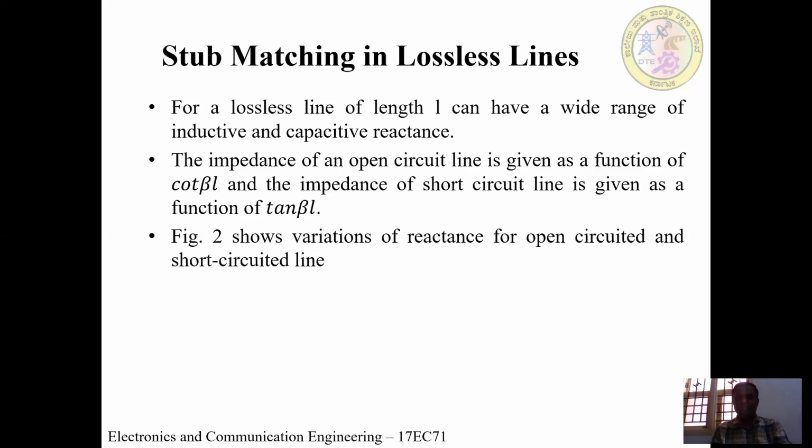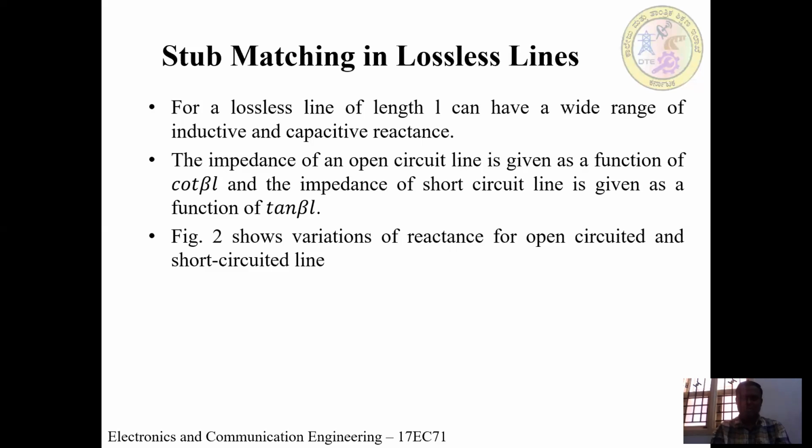So the impedance of the open circuit line and the impedance of the short circuit line can be given as a function of cot beta L and tan beta L respectively. That is, the impedance of an open circuit line is a function of cot beta L, and the impedance of a short circuit line is a function of tan beta L. These two variations are shown in the figure.